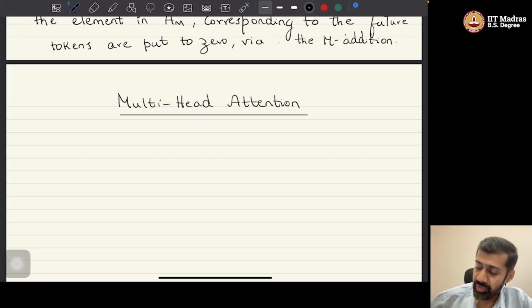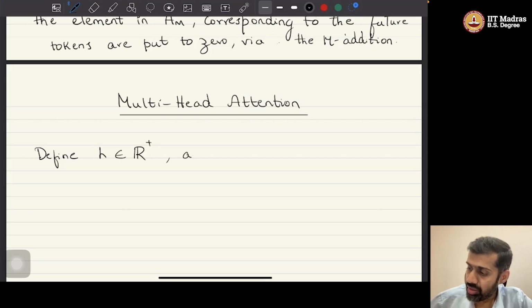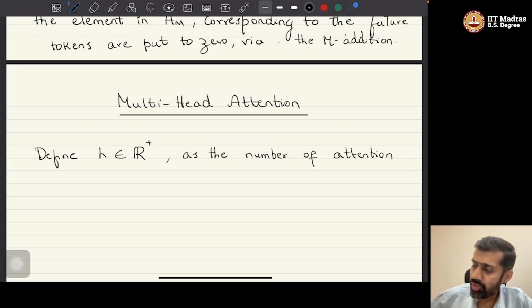So what happens is, define h, which is a scalar, positive real number, as the number of heads. Number of attention heads. So these are called attention heads. Okay.